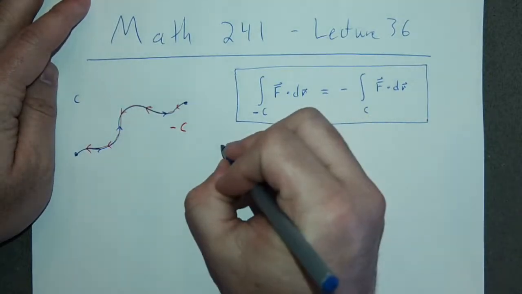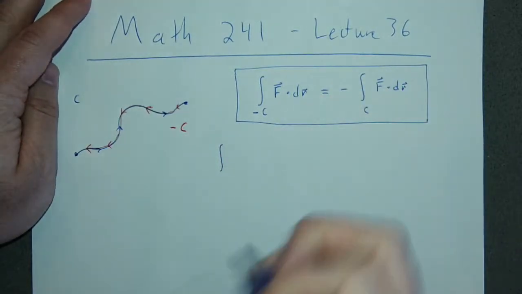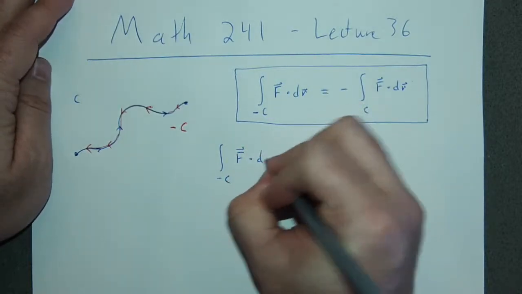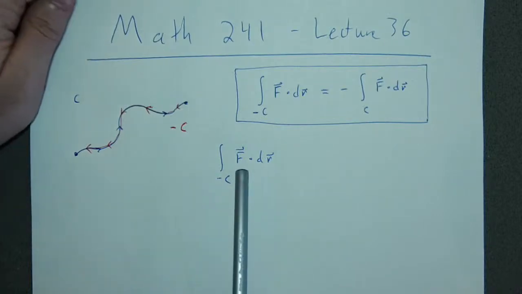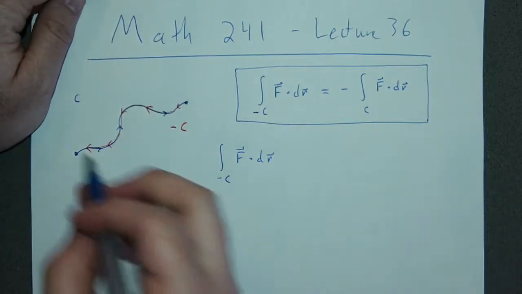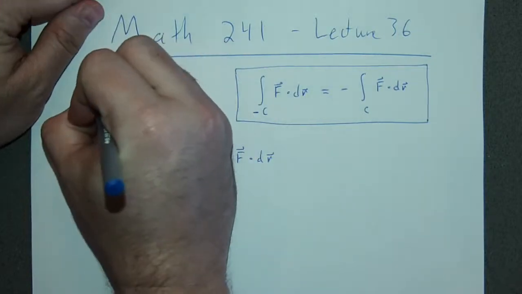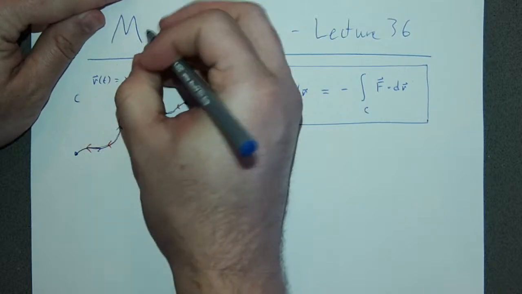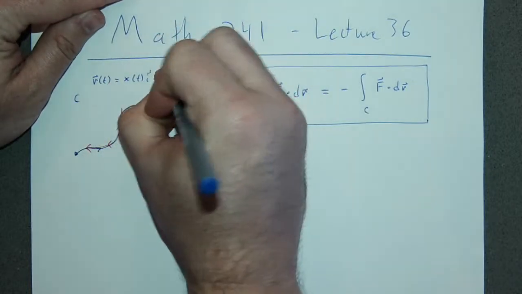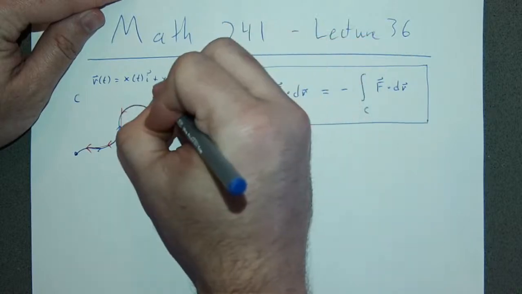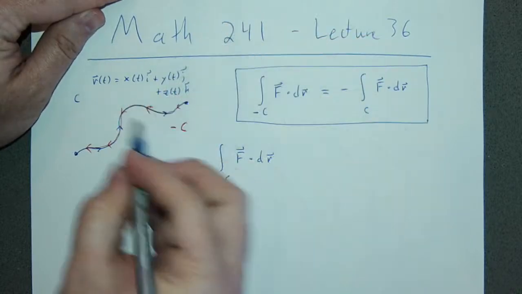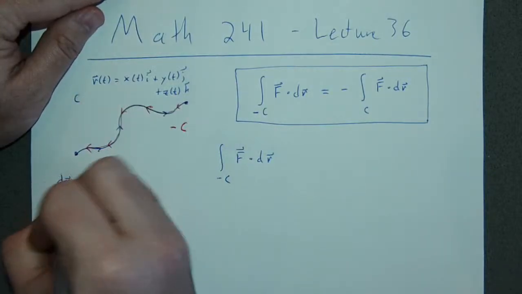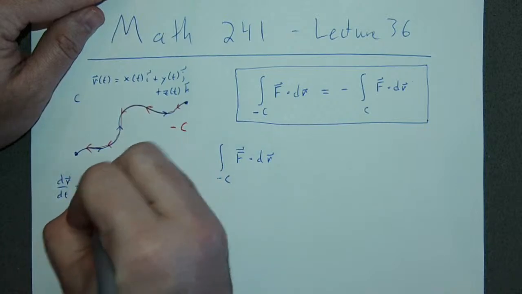Let's quickly do it just for fun here. So if I look at this quantity, the line integral of the vector field F over the curve minus C, well, if C has a parameterization that we write as r of t, so this gives us x of t i plus y of t j plus z of t k, then when we compute dr/dt, that's our usual, so dr/dt in that case would be the exact same.